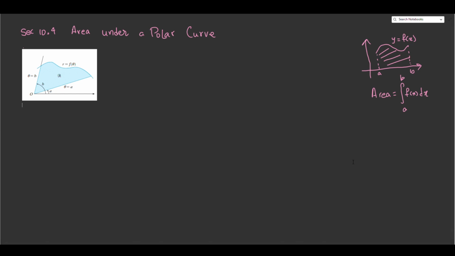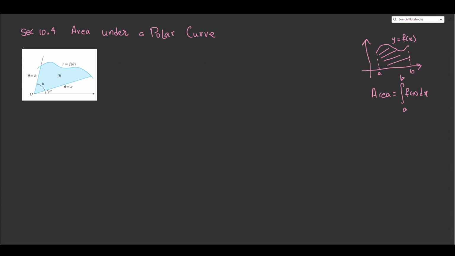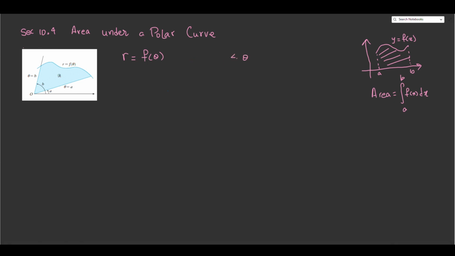If you remember from the previous lecture, a polar curve is given by r equals f of theta, where theta varies from A to B.